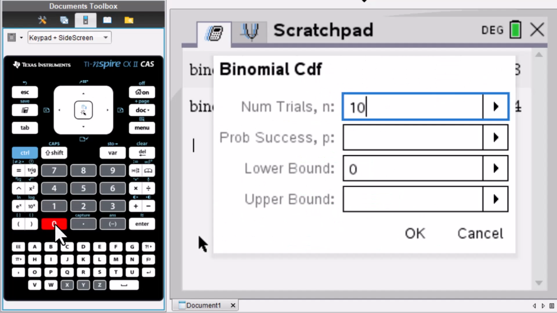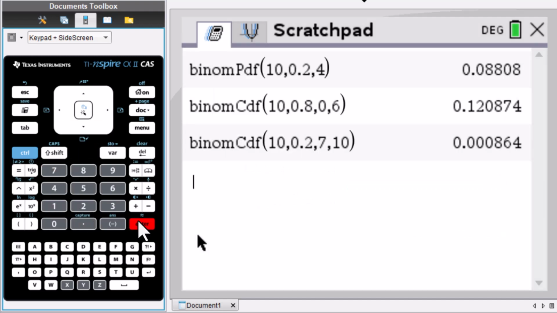N is 10. Probability is 0.2. Lower bound is 7. Upper bound is 10. Enter, enter. The answer is 0.000864.